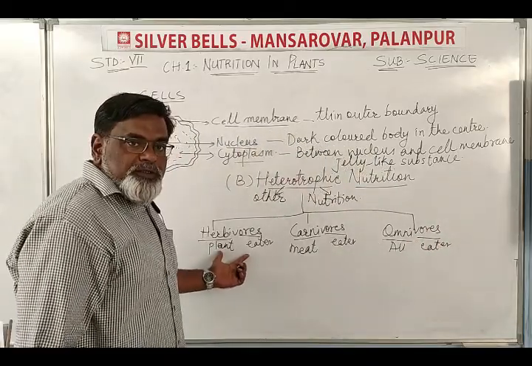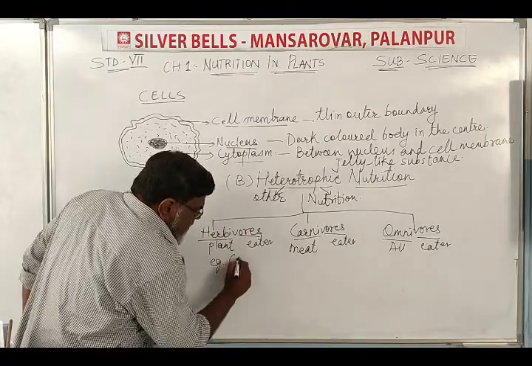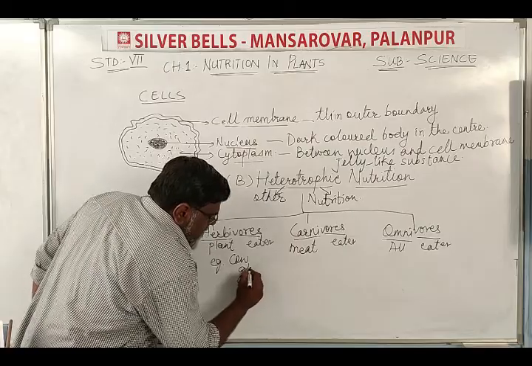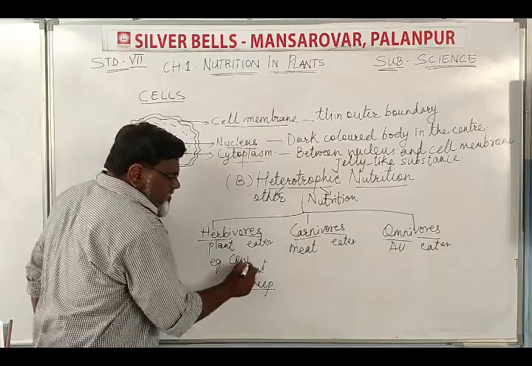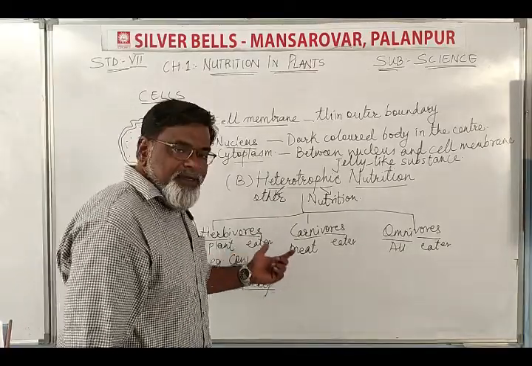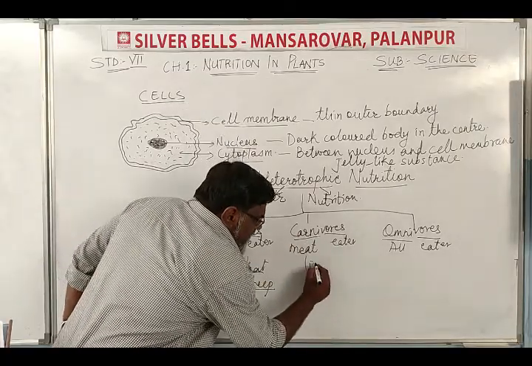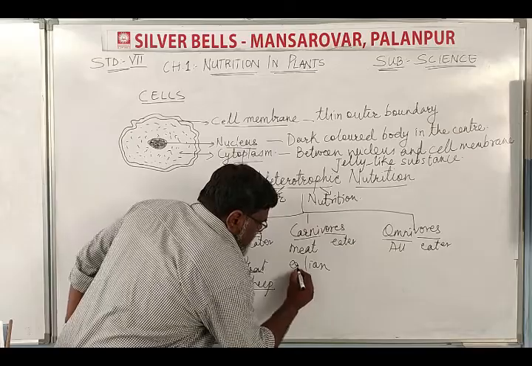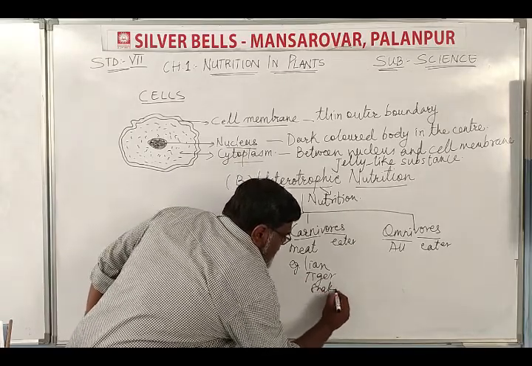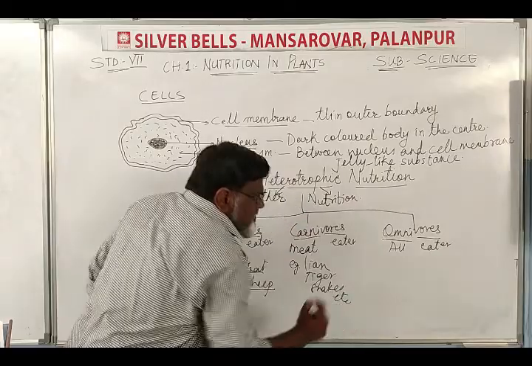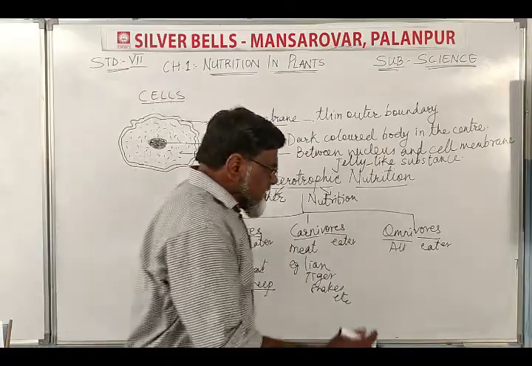Okay. Herbivores, उसके example क्या है? Cow, goat, and sheep, and etc. There are so many animals who are herbivores, rabbit, etc. Carnivores, उसके example, lion, tiger, snakes, and etc. Omnivores, okay, human beings are omnivores, right?